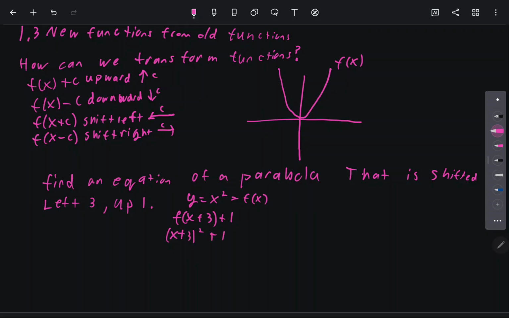If we want to expand that out, we'd get y is equal to x squared plus 6x plus 9 plus 1. So our final equation for a parabola that has been shifted left 3 and up 1 is going to be x squared plus 6x plus 10.